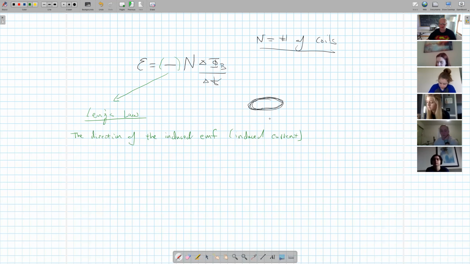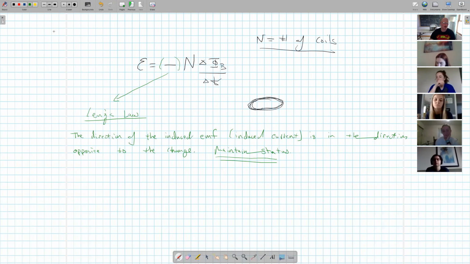So this direction of the induced EMF is in the direction opposite to the change. So basically, what does that mean? It means that it wants to maintain the status quo. Basically it wants to maintain the fact that the overall magnetic field is equal to a constant.